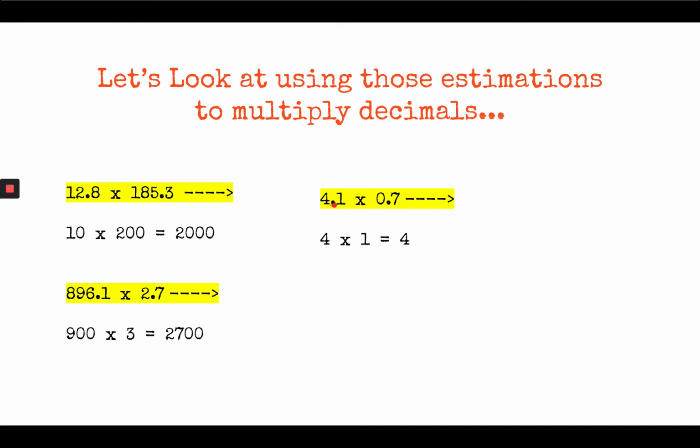All we're doing is rounding these decimals to make it easier to figure out what our answer could be close to. How about 0.9 times 3.3? Well, 0.9 we know could round to 1. And 3.3, well, we can round that to 3, can't we? 1 times 3 is 3.